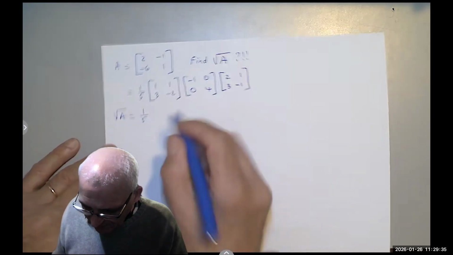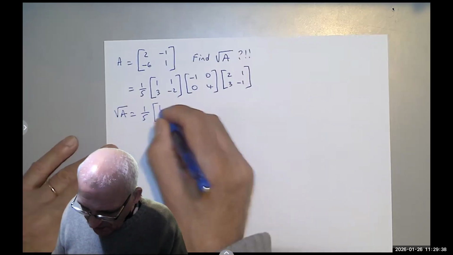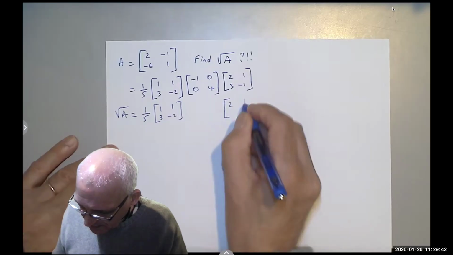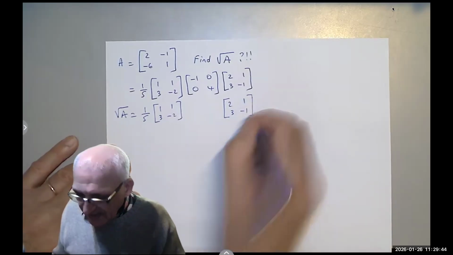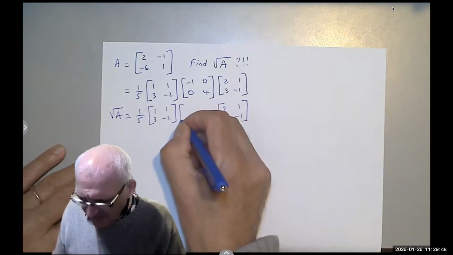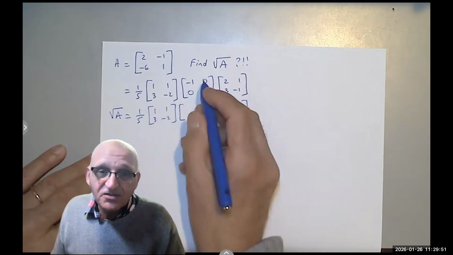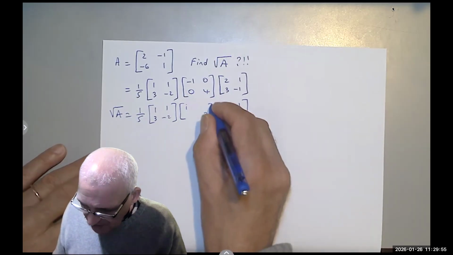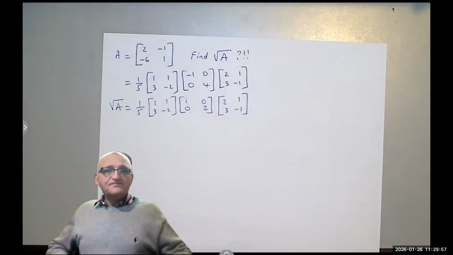So now if I want to find the square root of A, all I have to do is take 1/5, 1, 1, 3, -2, 2, 1, 3, -1, and then take the square root of the numbers inside. Notice here I have a -1, and we know that the square root of -1 is i, the square root of 4 is 2, 0, and 0, and that's it.